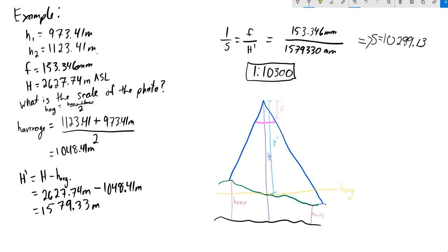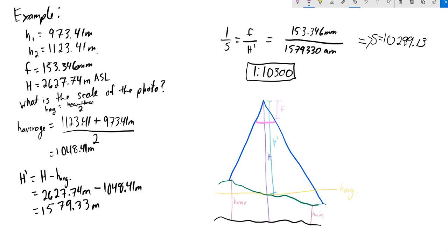So it's quite a bit happening. But if you can keep this straight, for example, the H average, what is my average value here? How do I get from the altimeter reading to the flying height above the ground? Well, that makes sense, right? I have to go from here to here, and the only way for me to do that is to subtract this ground out of here.